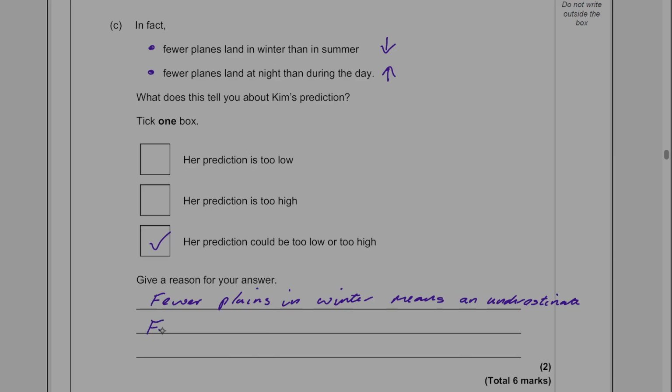Fewer planes at night means overestimate.